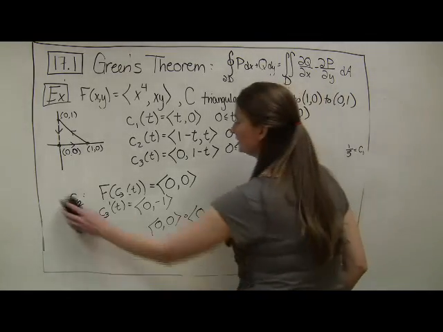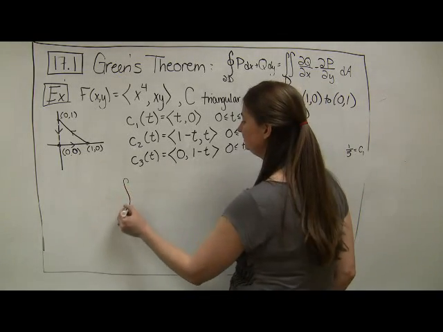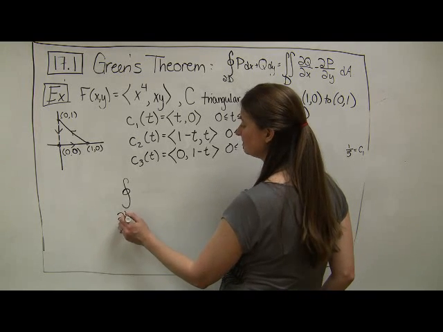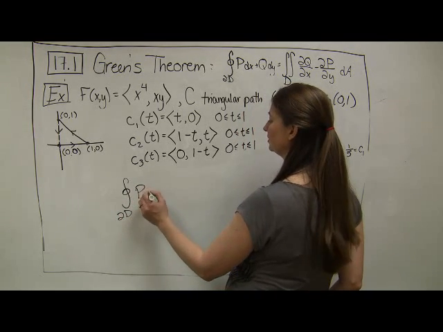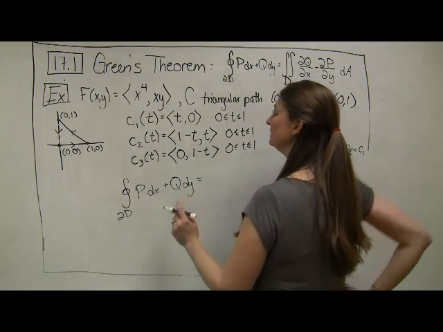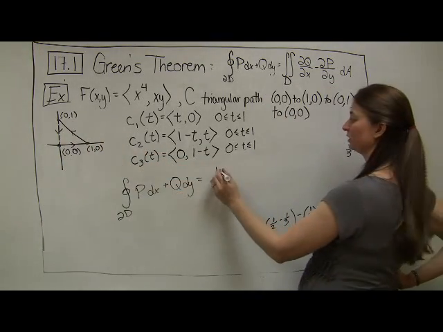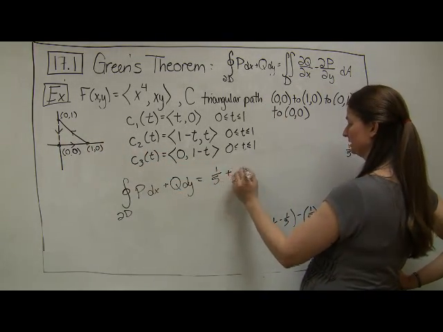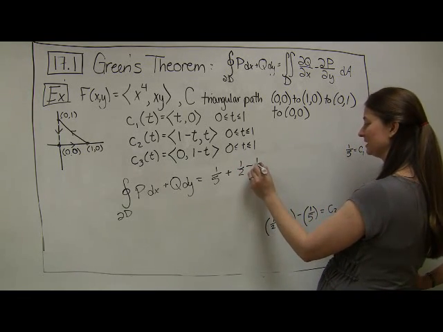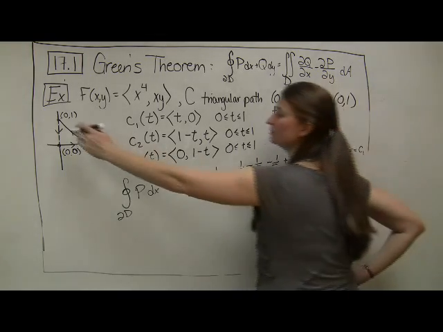So, what's our final answer then? Our vector line integral along the closed path that was the boundary of D, written p dx plus q dy, is going to be the line integral along each of these boundaries, which we found were 1/5, plus for our C2, 1/2 minus 1/3 minus 1/5, plus 0 for our third boundary.